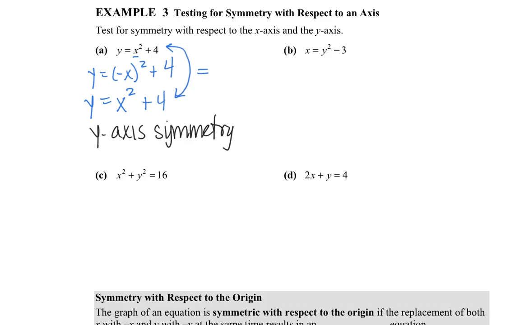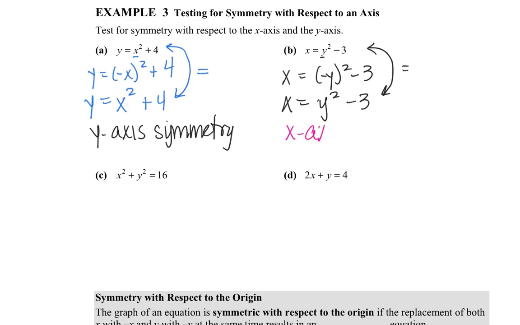All right, and let's look at B. Now we're going to replace the y with a negative y. So now we have x equals negative y squared minus 3. Negative y times negative y is y squared, minus 3. So these two are equal. So now we have x-axis symmetry.